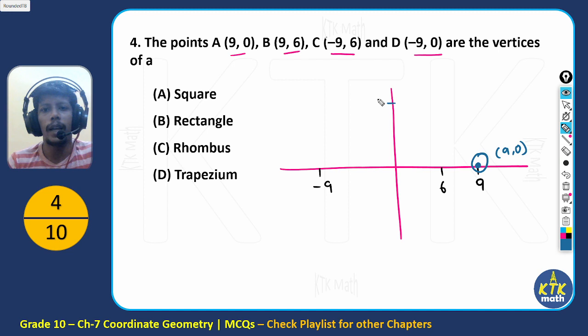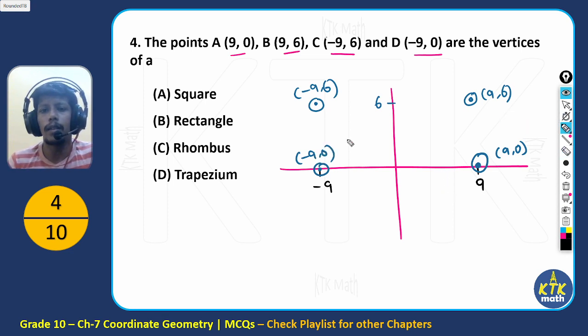So 6 will be here on the y-axis, so this will be your 9 comma 6, and negative 9 comma 6 also will be here, and negative 9 comma 0. So this extra 6 is not needed, better I will erase it.